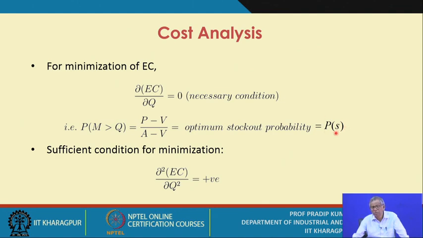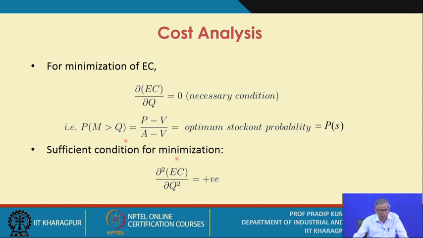This notation is also sometimes used, that is PS. PS stands for probability of stock out. So, the sufficient condition for minimization, as you are already aware, is that the second partial derivative of EC with respect to Q is positive.